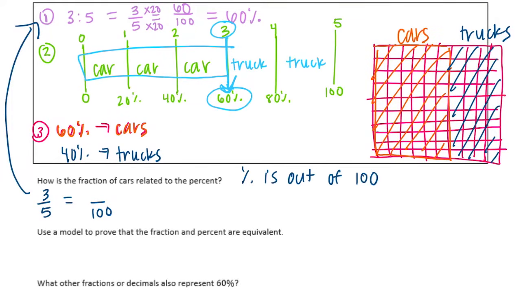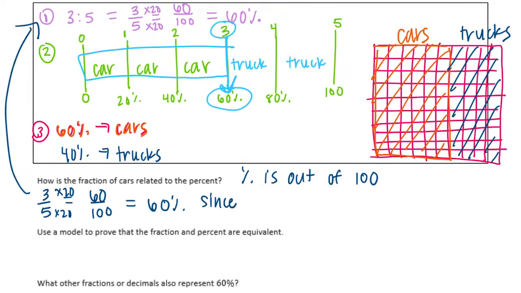You know, when people talk about giving 100%, that's because that's all you can give. You only have 100%. So we multiplied by 20 to create equivalent fractions. 3/5 is equal to 60/100ths, so that's equal to 60%.